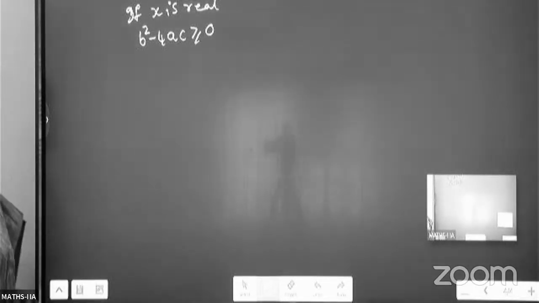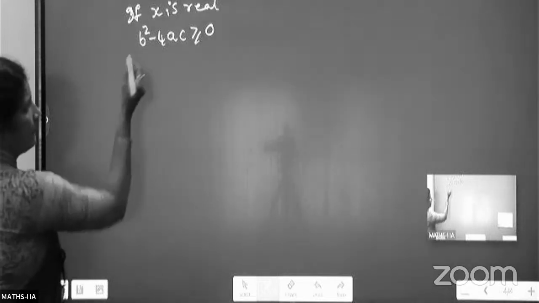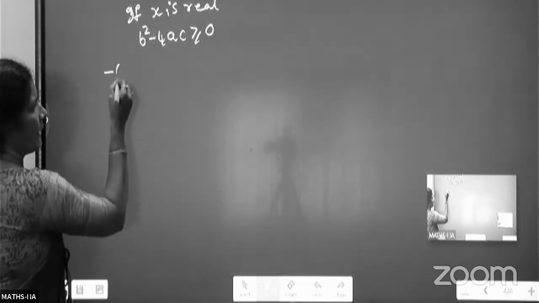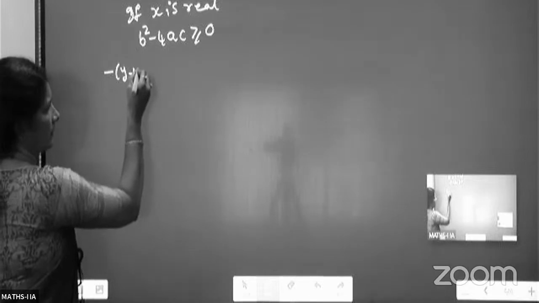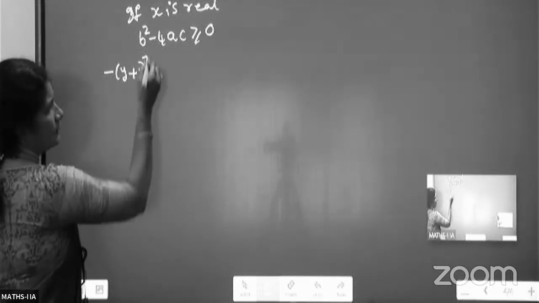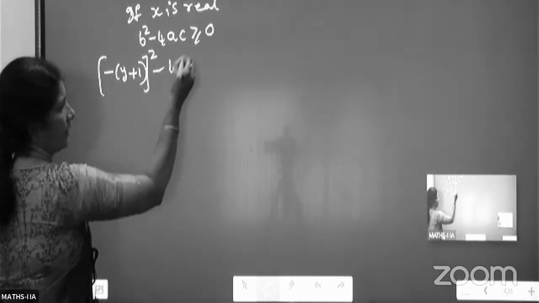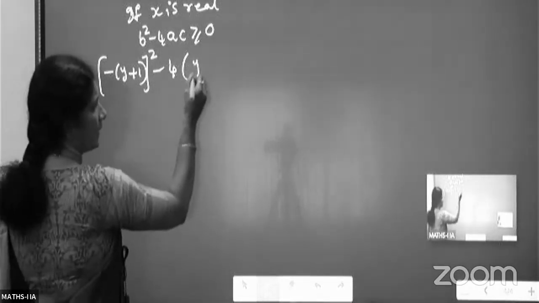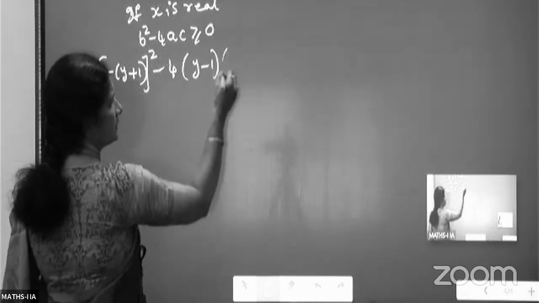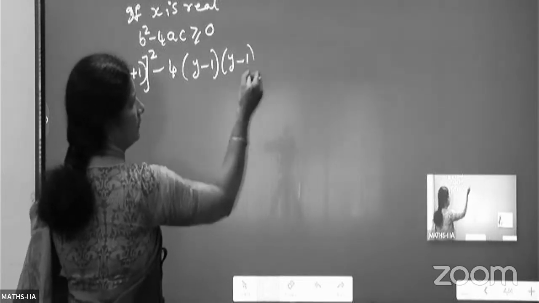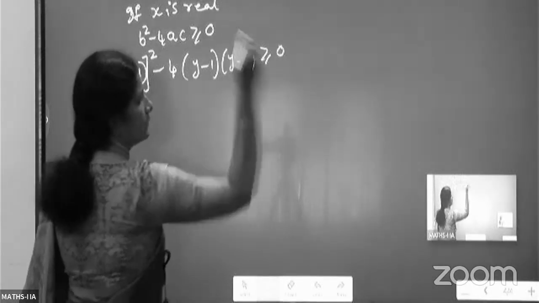If x is real, delta value is what? B square minus 4ac. What is B value? Minus of y plus 1, whole square, minus 4 AC. What is A? Y minus 1. And what is C? Y minus 1. Greater than or equal to 0.